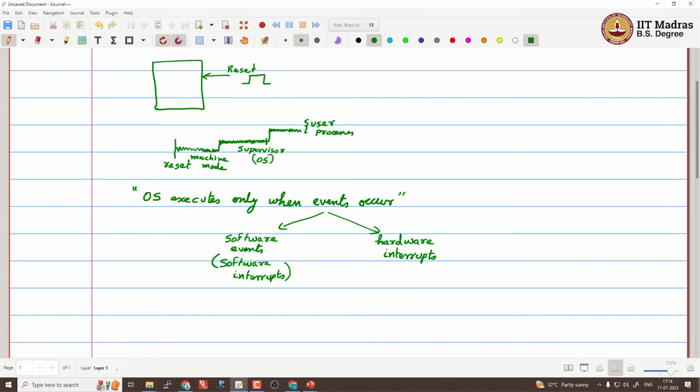So it is only when such events, either software or hardware interrupts, occur that the OS gets to execute.